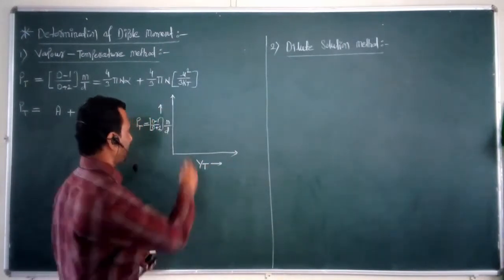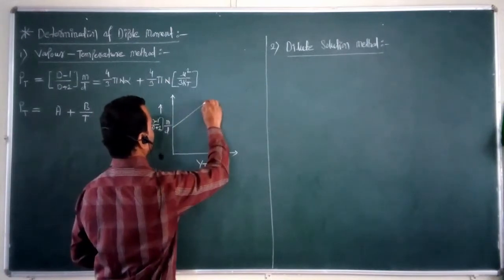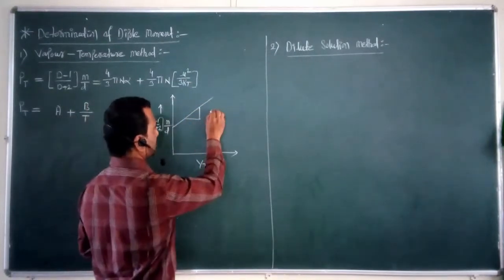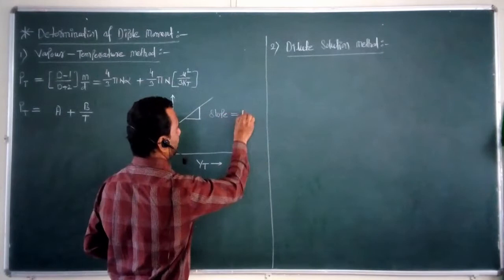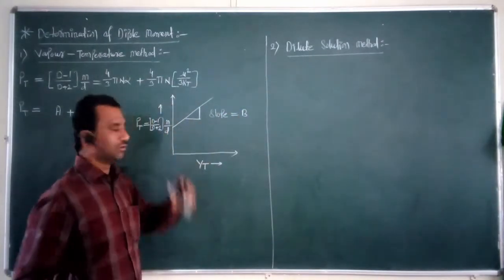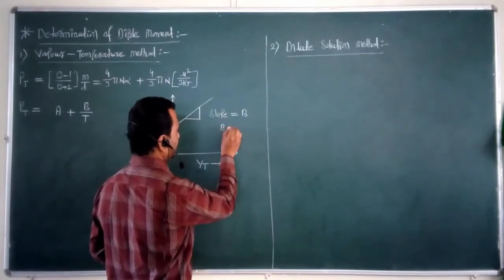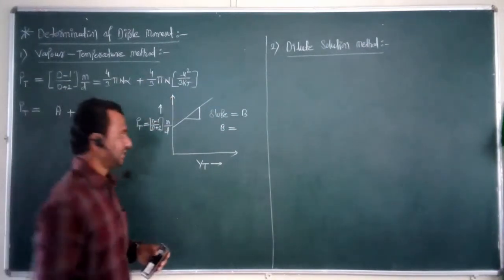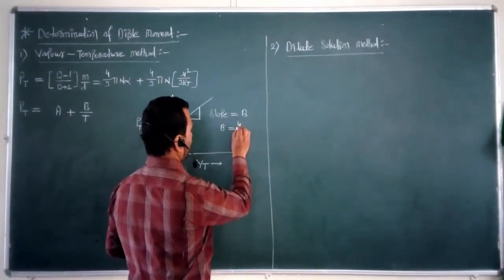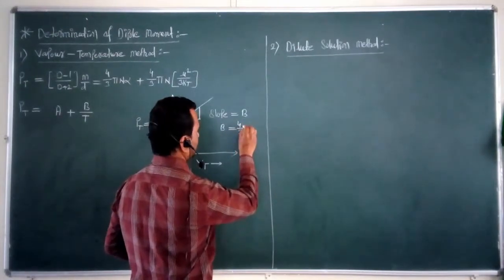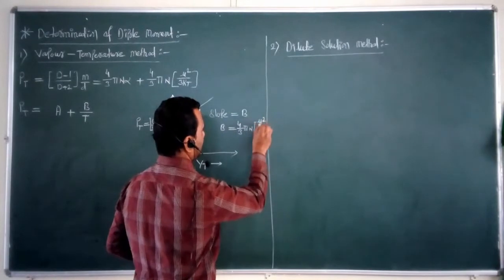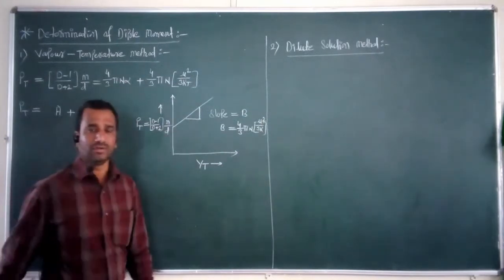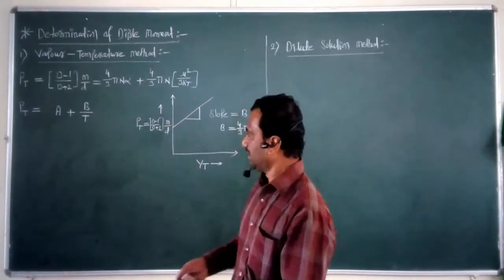If we plot such a graph, we get a straight line, and the slope of this line is equal to capital B. We know very well the value of this B. B is equal to 4 by 3 pi n into mu square upon 3kT.